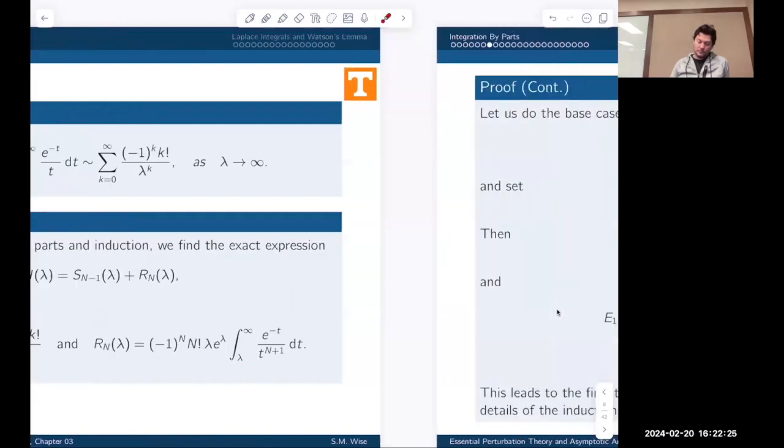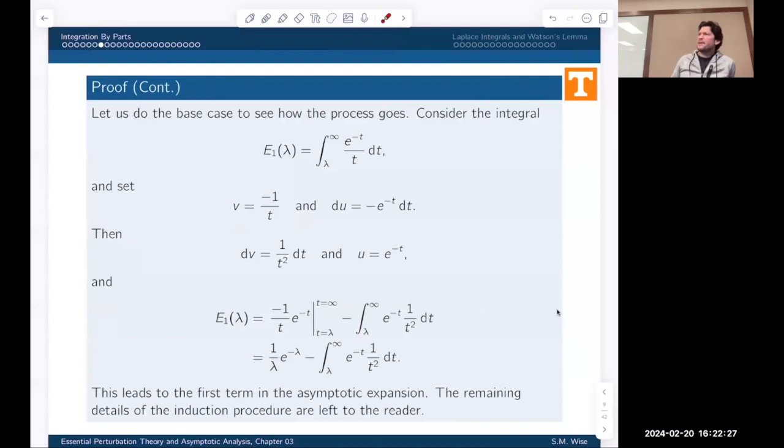Okay. So let's do the base case. Let's do one step, and then you'll see how the procedure goes. So instead of dealing with the full integral, let's deal with the one that doesn't have the prefactor, just this guy. What we realize is that this guy can be integrated by itself, and we can differentiate this guy, 1 over t, by itself.